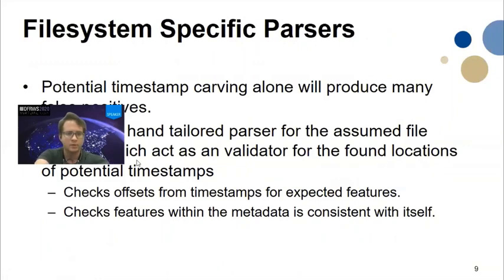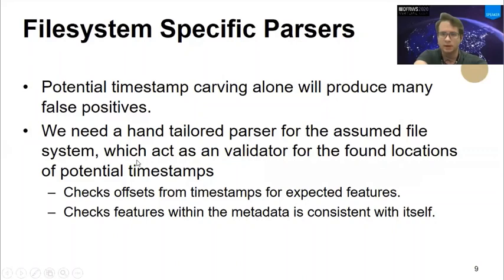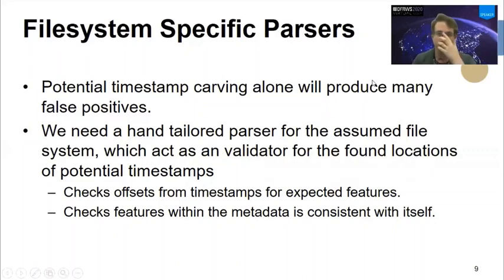As I said before, just running this algorithm and producing a list of potential timestamp locations is likely to produce a lot of false positives. So we need this file system specific parser to use afterwards, which is hand-tailored for a specific file system and acts as a validator for the found locations of the potential timestamps.